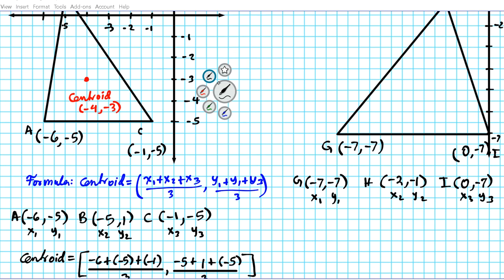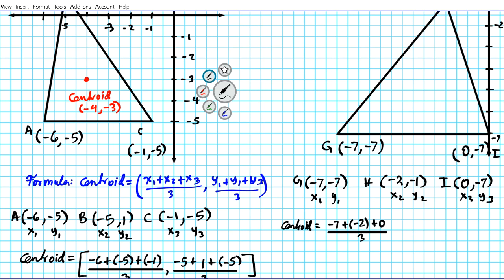So our centroid is simply going to be the sum of the x's, so negative 7 plus, that's x1, negative 7 plus negative 2 plus 0, that's the x coordinate of our centroid, that will be divided by 3.